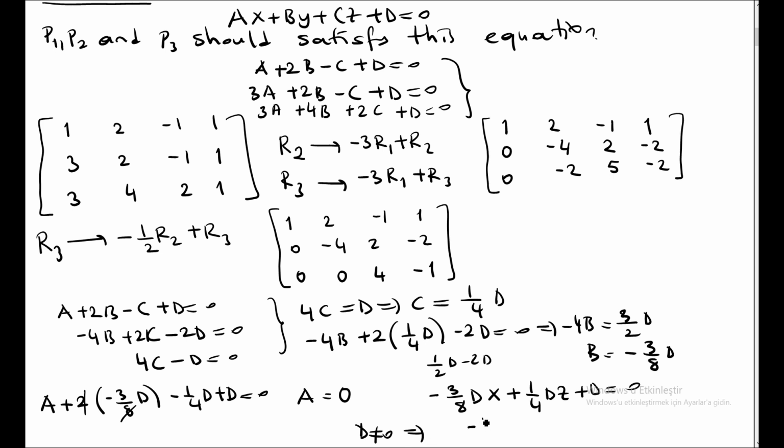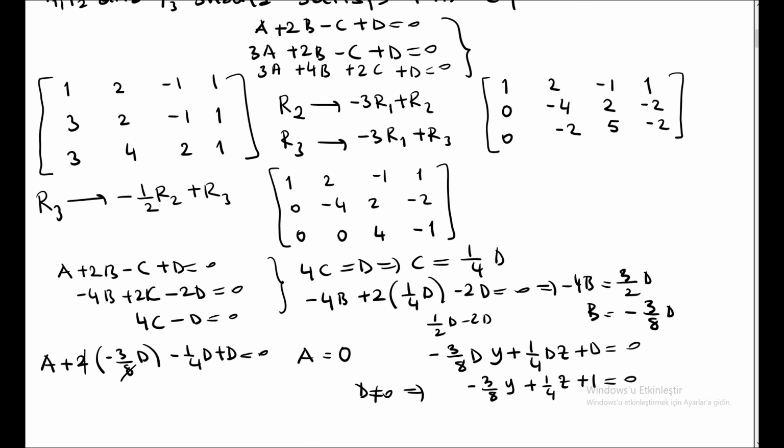So we have negative 3 over 8x plus 1 over 4, not x, this one is y, 1 over 4 z plus 1 equals 0. So the result is this one: negative 3 times y plus 2 times z plus 8 equals 0.